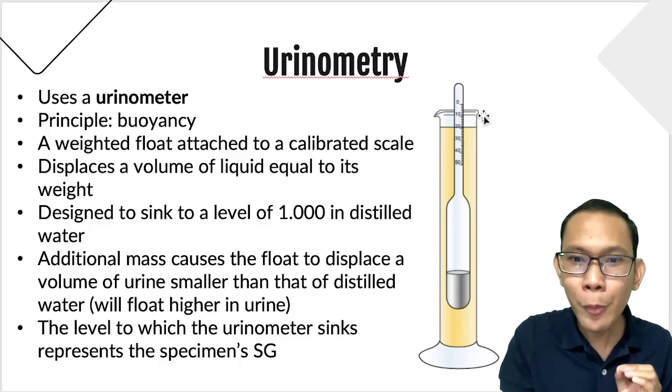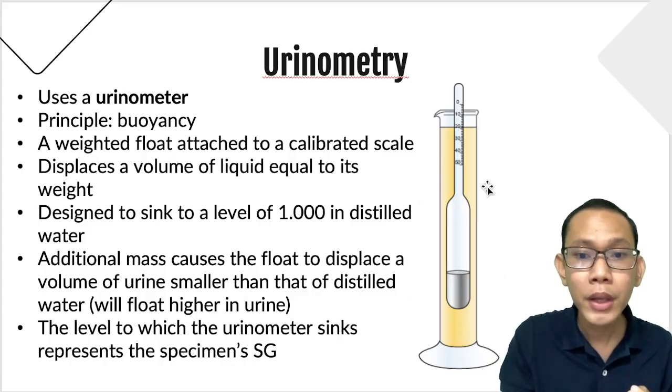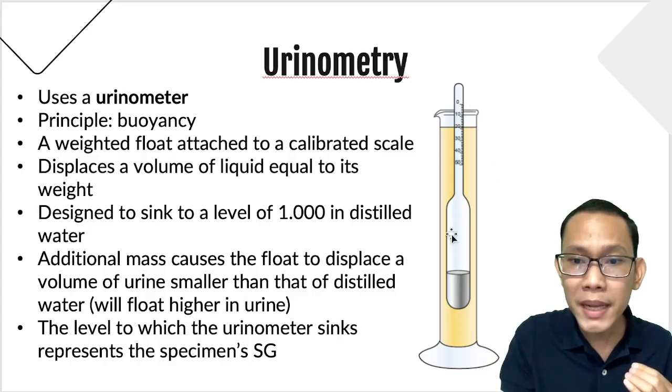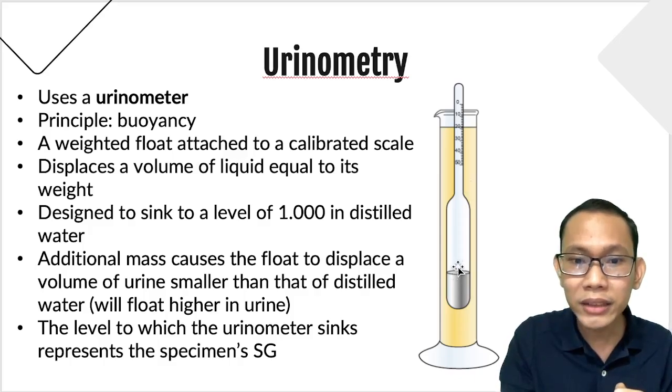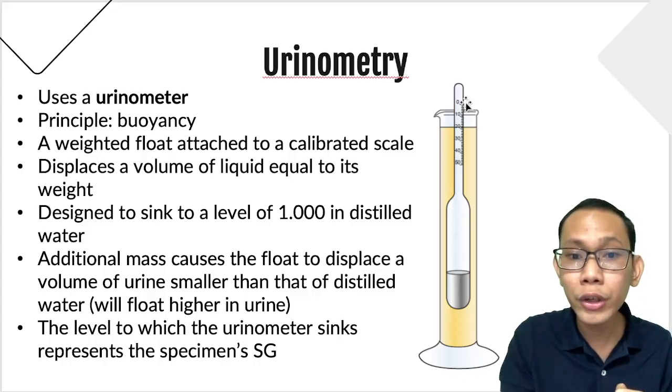We all know that distilled water will automatically sink because there is no mass, no solute, no dissolved chemicals or sediments in the water. Therefore, it will level at 1.000. When the sample tested is urine, what happens? The urinometer will have difficulty sinking because there are already dissolved chemicals, sediments, and solutes present in the urine. Therefore, it will float higher in urine.